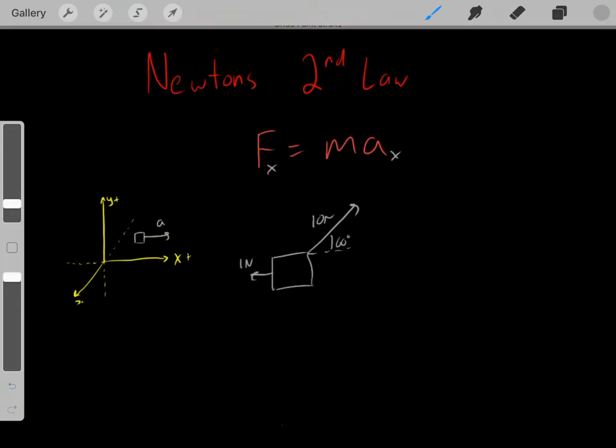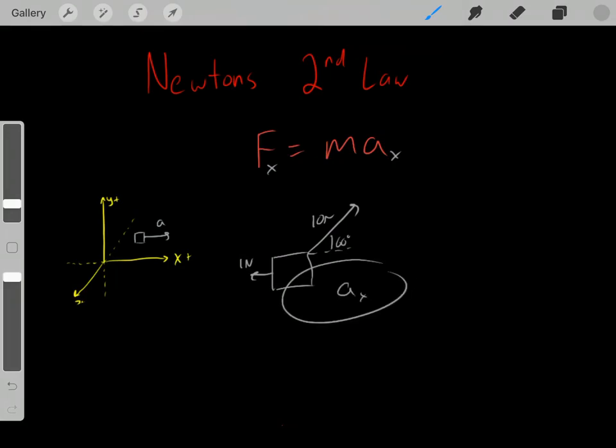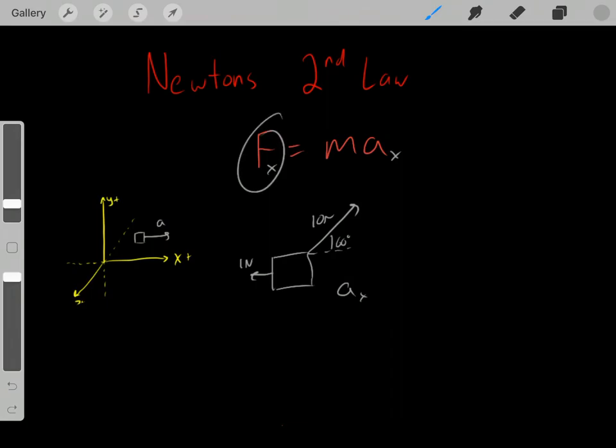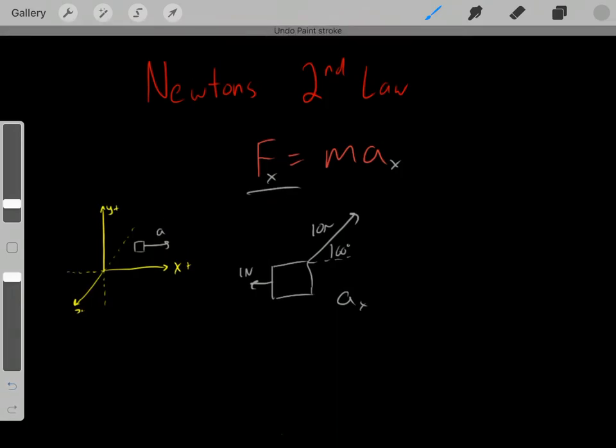If we have this situation, what's the acceleration in the x direction? We want to find the acceleration in this x direction. So if we have these forces, how do we find the acceleration in the x direction? Well, something important to note is this F of x: if we want to find the acceleration in the x direction, we need to find the forces in the x direction. But this force is the net force in the x direction.